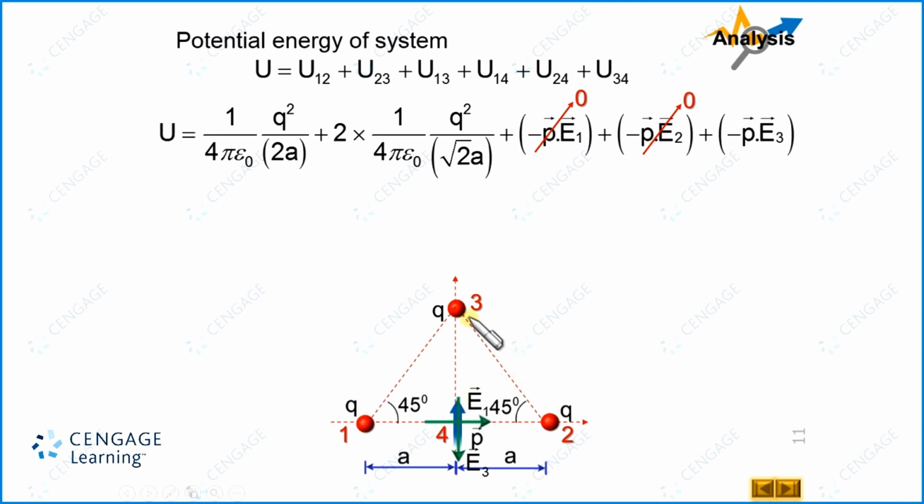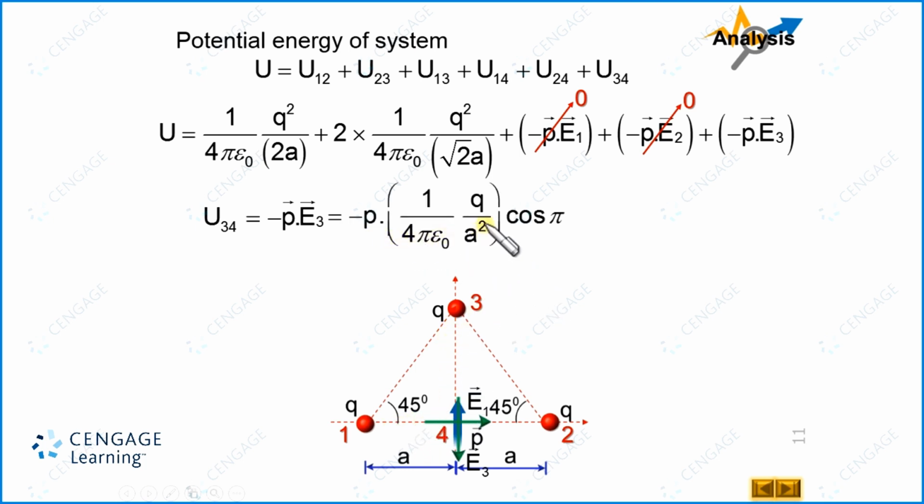So here we can write U34 equal to minus P dot E3, and this is equal to P multiplied by 1 upon 4 pi epsilon naught Q divided by this distance, which is again A. We know cos pi is equal to minus 1, and minus multiplication will be positive. So potential energy associated with this expression should be equal to 1 upon 4 pi epsilon naught PQ divided by A square. So we got the potential energy U34.